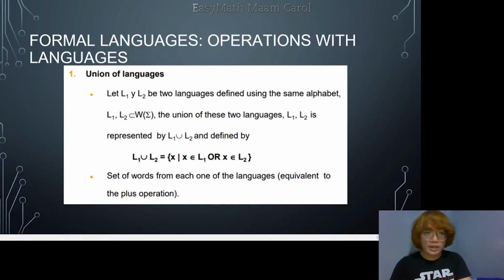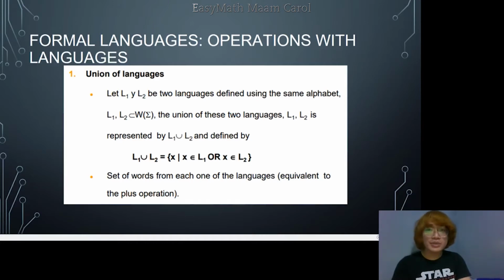I'm going to discuss formal languages and their operations. The first one is the union of languages. Let L1 and L2 be two languages defined using the same alphabet, which are subsets of the universal language.